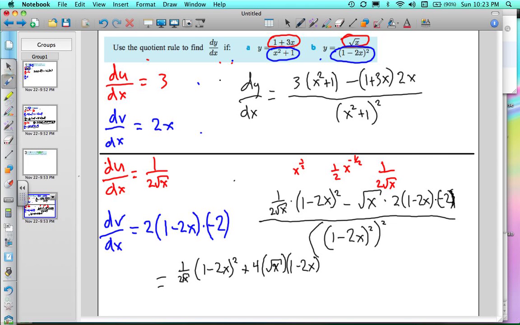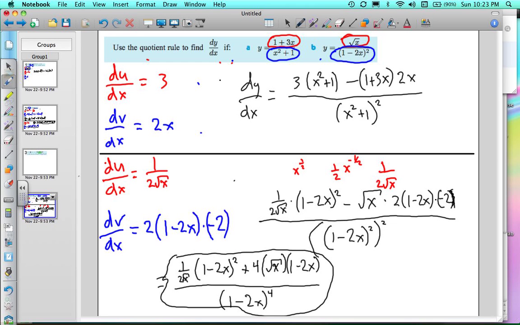That's everything all over. Well, remember, you raise the power to a power, you multiply them, so you're left with 1 minus 2x to the 4th. And that is how you do the quotient rule.